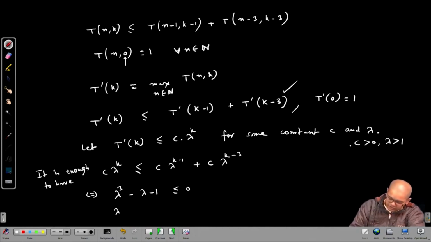So with all these constraints, we need to choose lambda to be equal to 1.4656, and the above inequality holds.